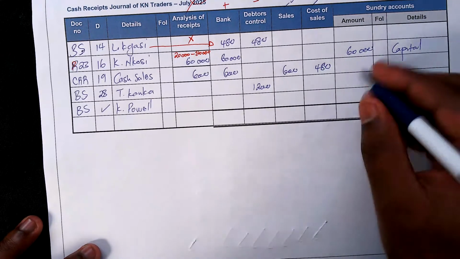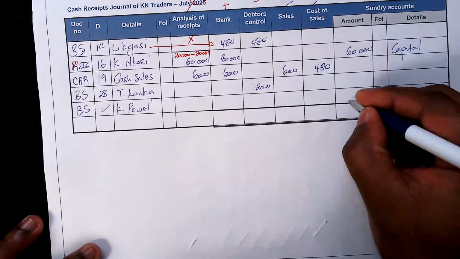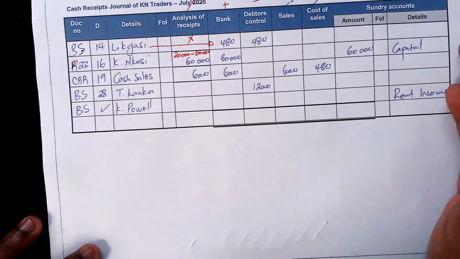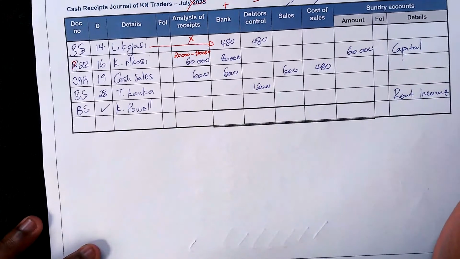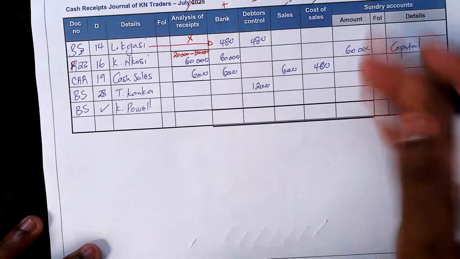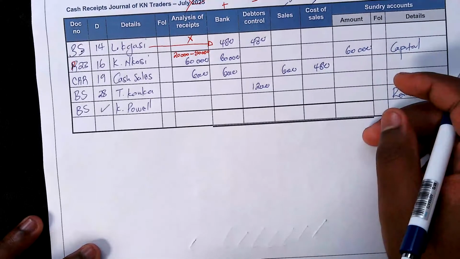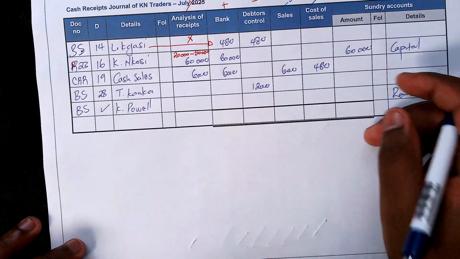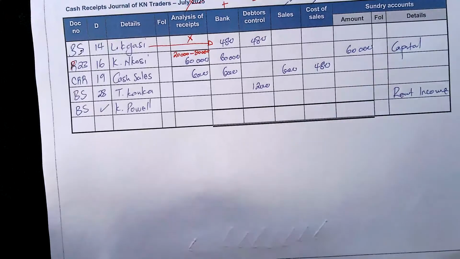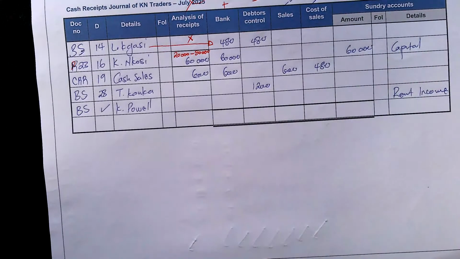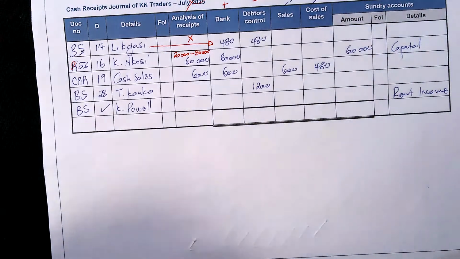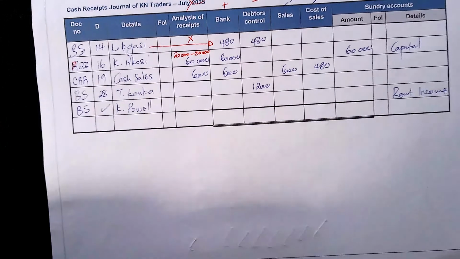Okay, how much was the rent income? You cannot take the whole 36,000 and record it under the sundry account, because we only want the rent for July.